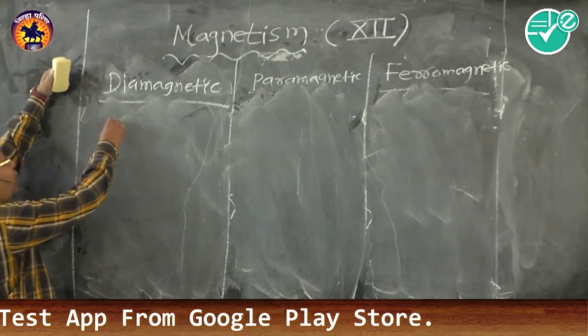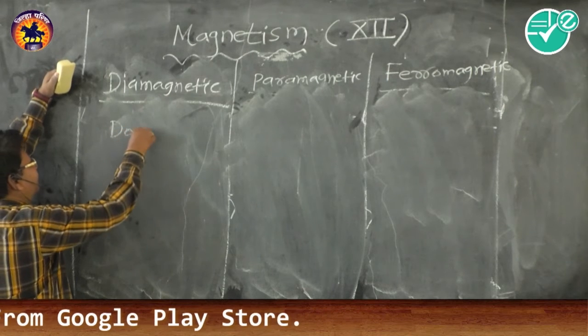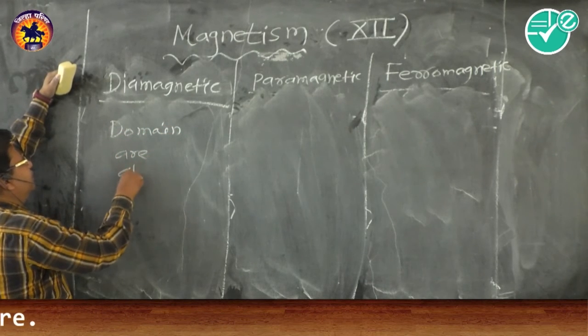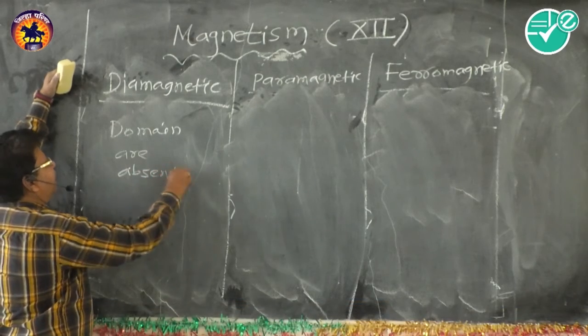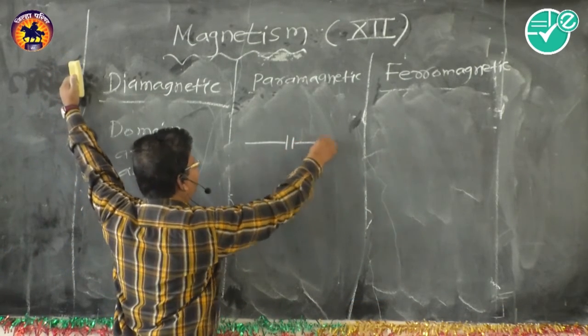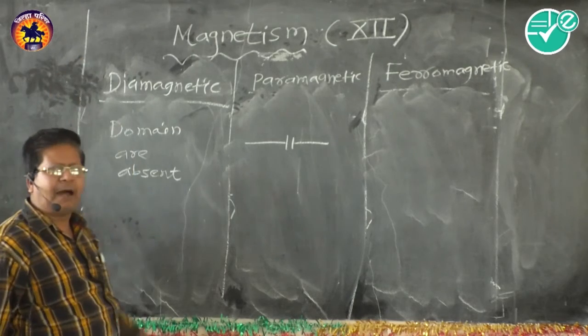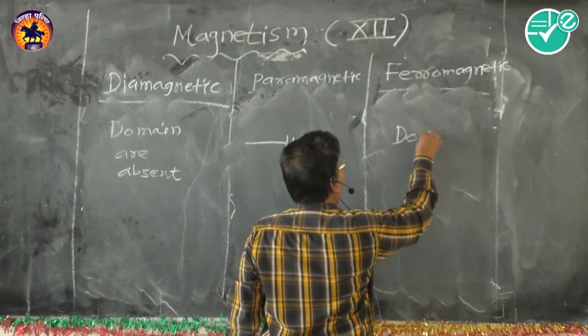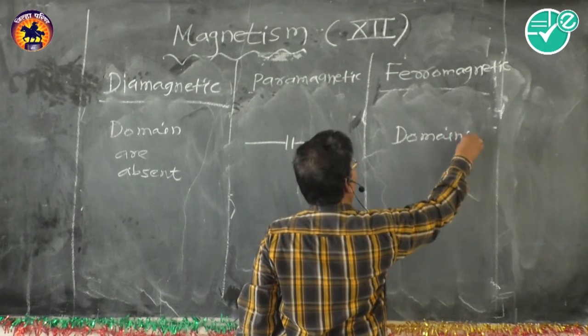Again, in case of diamagnetic substances, domains are absent. In case of paramagnetic substance, same property, that means domains are absent. But in case of ferromagnetic, domains are present.